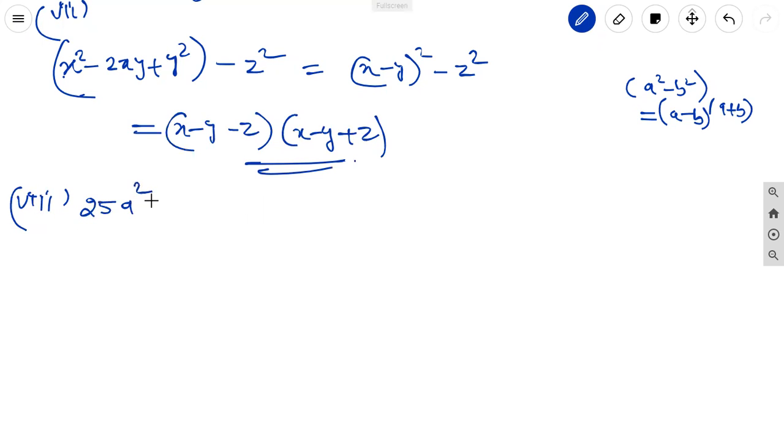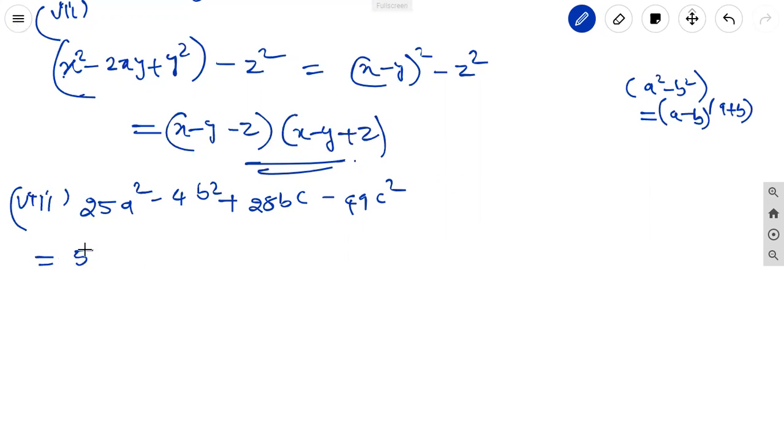Eighth one, 25a square minus 4b square plus 28bc minus 49c square.